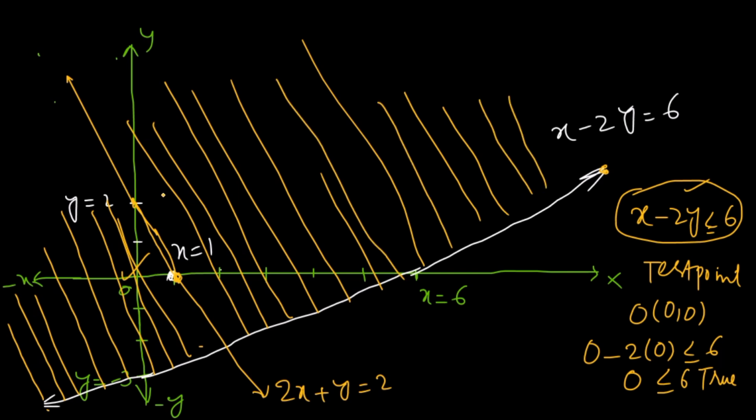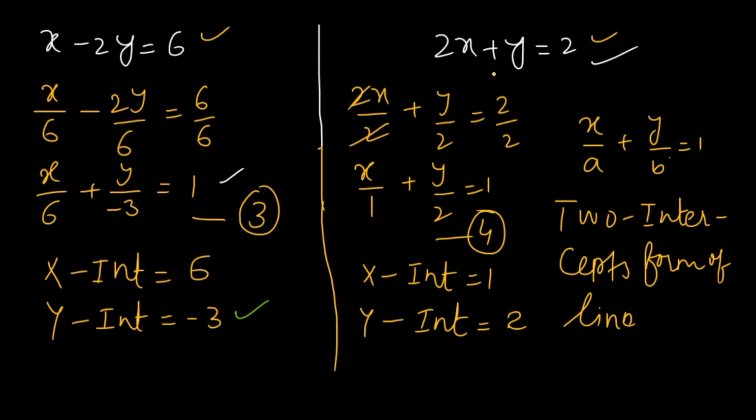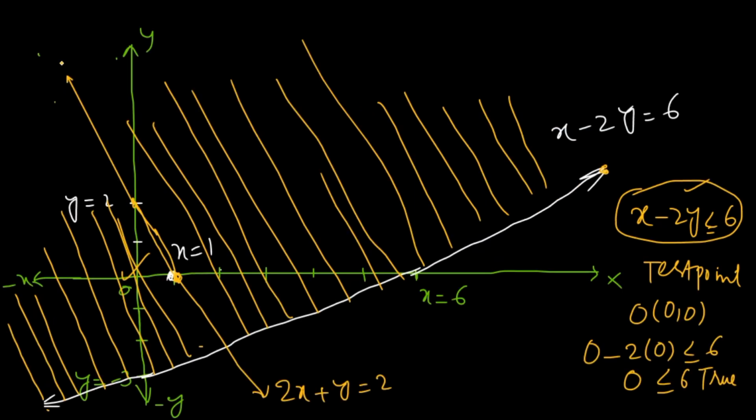Next, our second boundary line is 2x plus y is equal to 2, which is opposite to this 2x plus y is equal to 2.